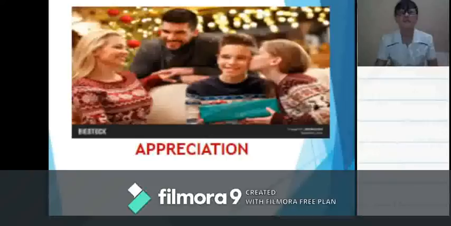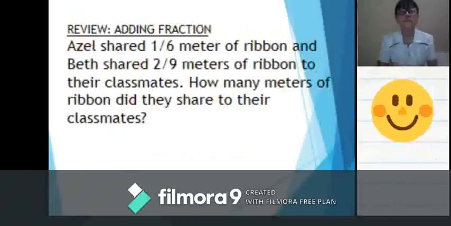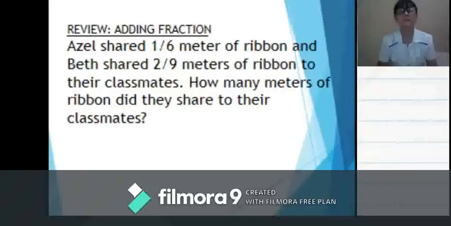So before we go to our lesson for today, let's have a short review about what we had discussed before. This is about adding fractions. In the problem that I gave to you last time, I said I'm going to reveal your answer so that you can know if you have followed the process on how to compute the addition of fractions.